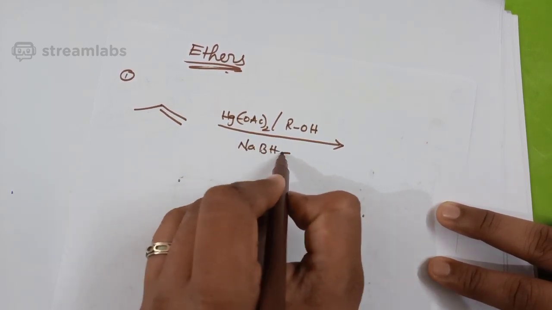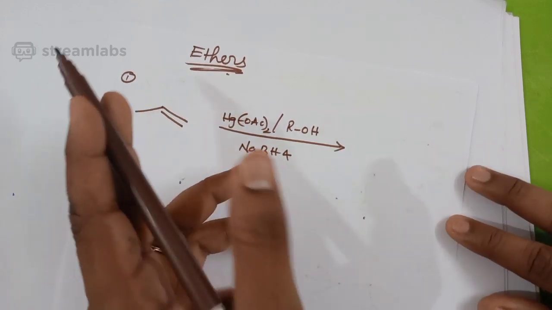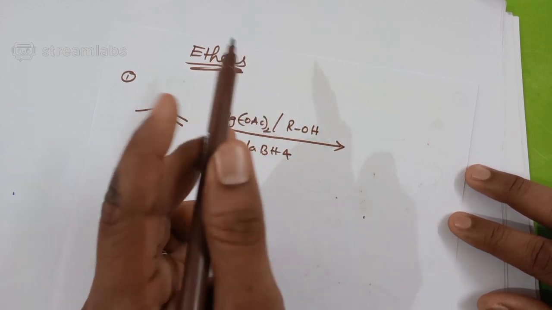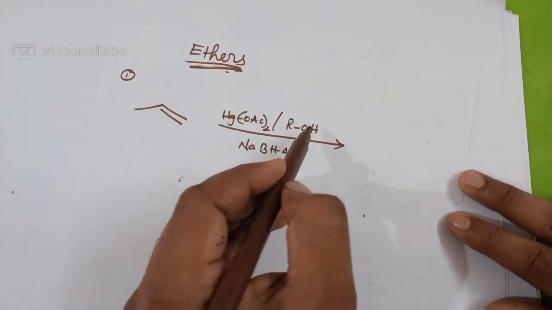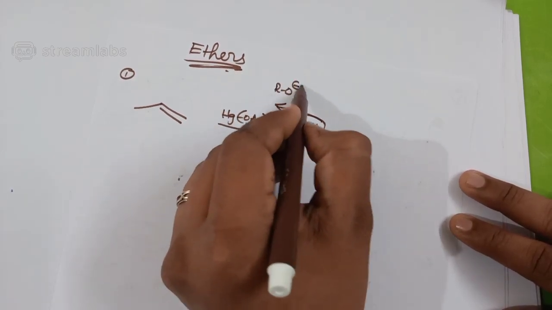sodium borohydride. Earlier I explained this one in the preparation of alcohol, but there I took H2O, and now I took alcohol here. H2O loses OH minus, and this one dissociates as RO minus and H plus.